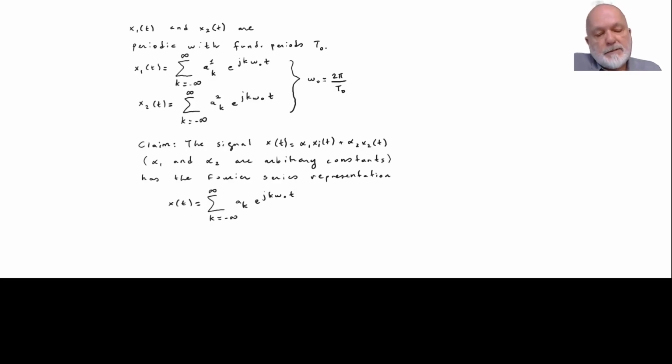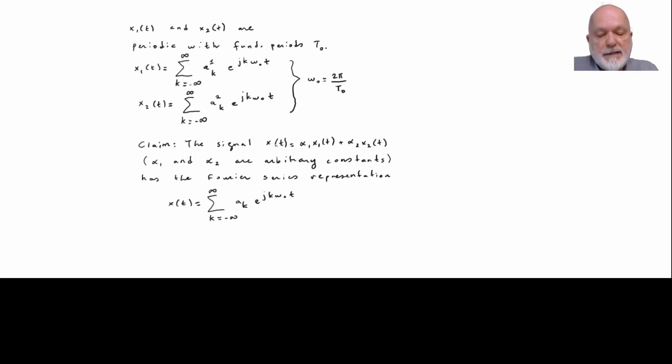Now, it is easy to see that when x1 and x2 are periodic with the same fundamental period, any such linear combination, in fact, this is the so-called linear combination in the context of vector spaces, but it is just a scalar multiplication by scalars and also the addition operation, it is clear that x of t is also periodic with the same fundamental period.